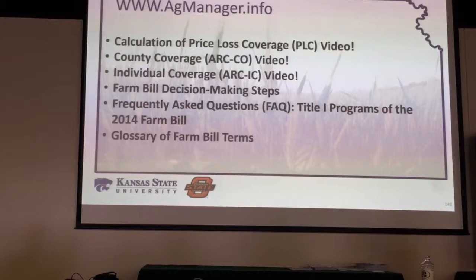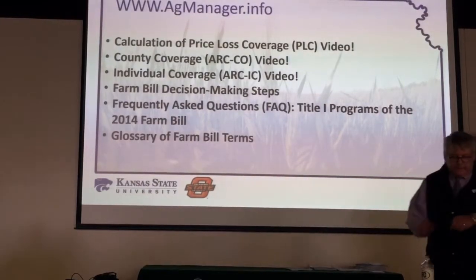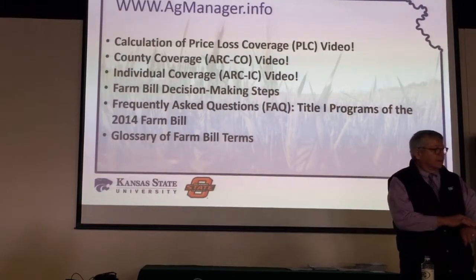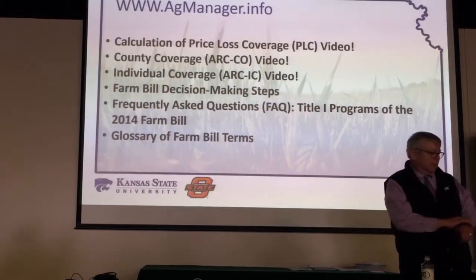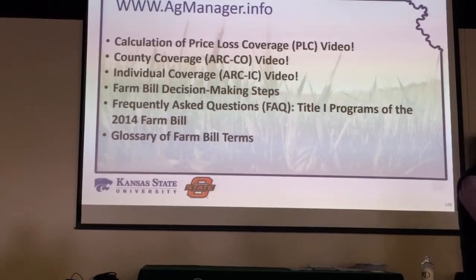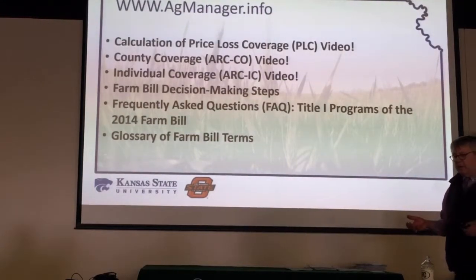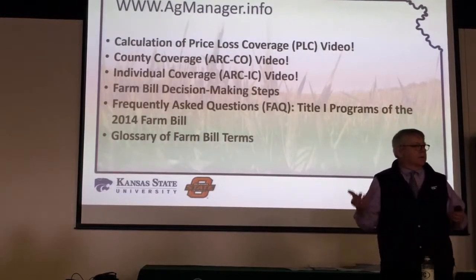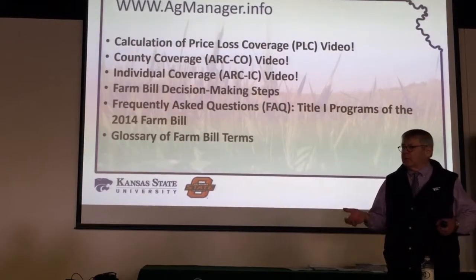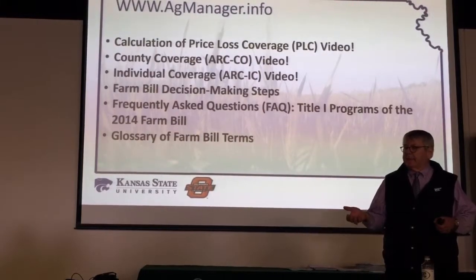Anyway, that's out there on the Ag Manager website. You can either get it from us or you can get it from OSU. You're going to get it from the same location because it's only stored in one location. If you come through us, we're going to ask for your email address. What we do with that email address is if there is a change to the program or a modification, we can email you a note and say there's been an updated correction to the program, so you're going to know there's a new update out there.